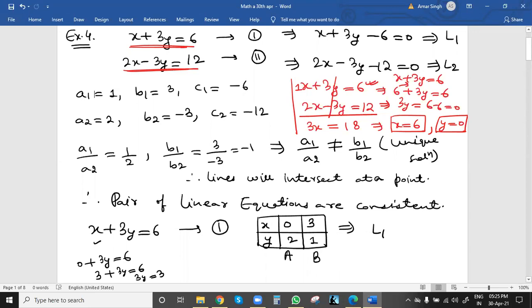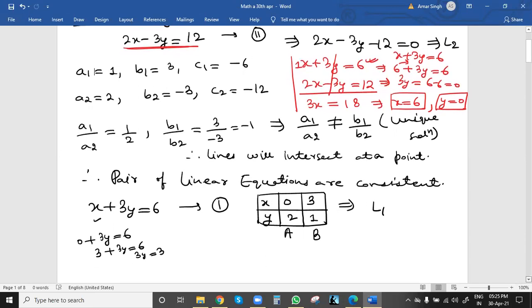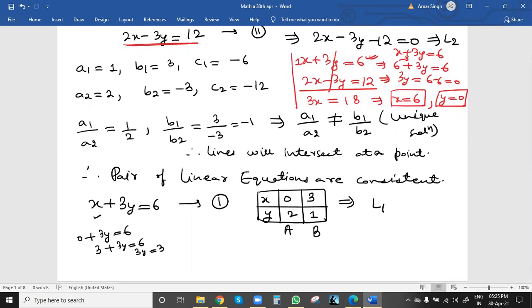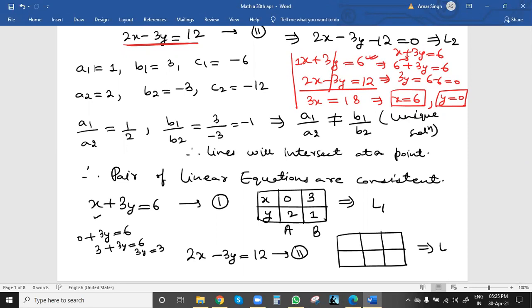And one more equation we have, that is 2x minus 3y equal to 12. This is equation 2, and for this equation we'll draw one table. This will be line L2, correct? x, y values.